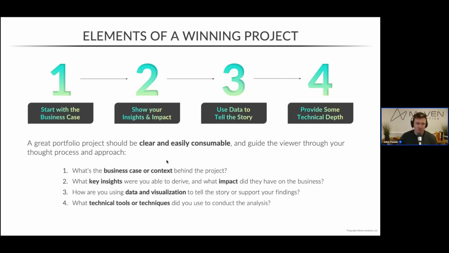Nobody wants to read your code at the beginning. You have to hook them with the business problems that you can solve, the insights that you found, show them what that data looks like, tell the story using data visualization. Then it's interesting. Oh, wow, this person has the technical skills behind this after they've just communicated this awesome business insight. But if you start with it, you will lose everybody before you've even started.